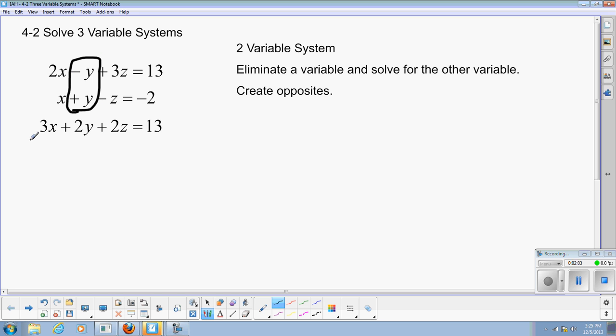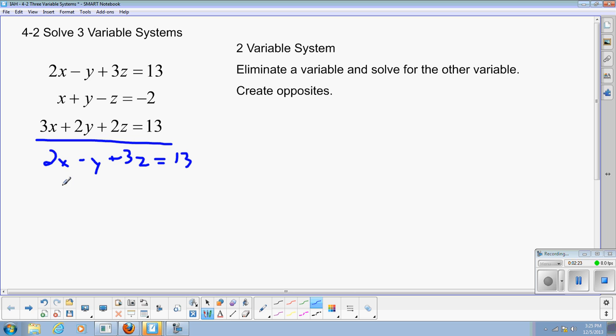So what we do at this point is we're going to recopy those two equations. I have 2x minus y plus 3z equals 13. And I copied the other equation that has the plus sign: x plus y minus z equals -2.